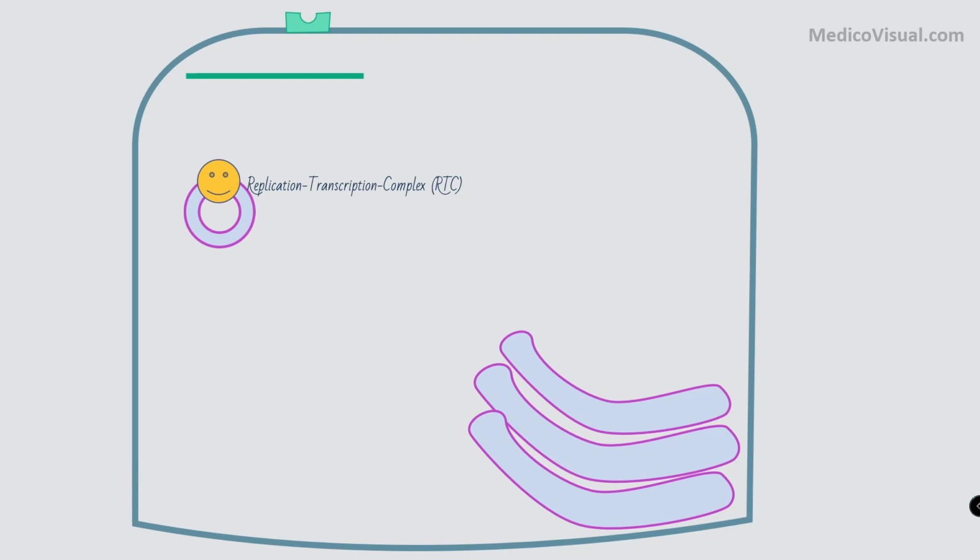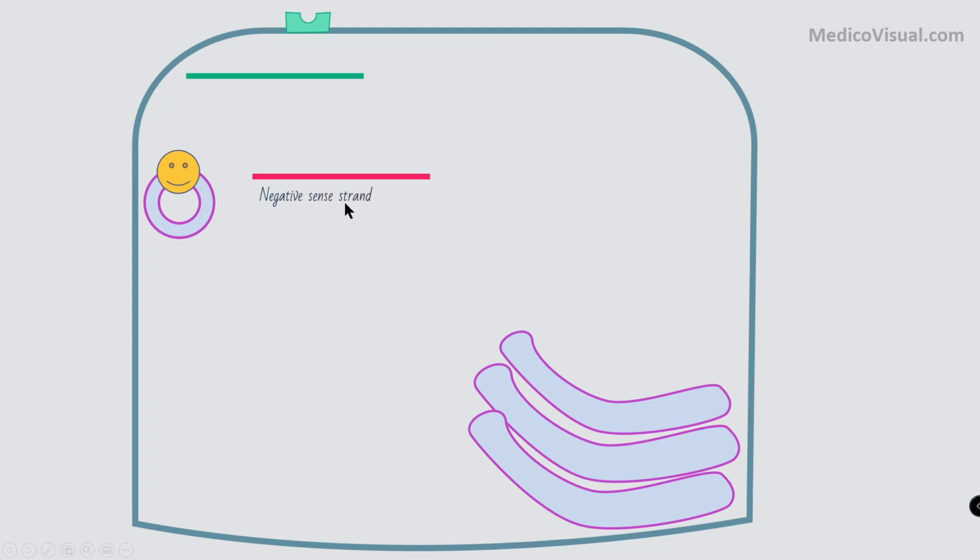Are you getting the point? So now that this complex has been created, it will create a complementary copy of the genomic RNA. The original genomic RNA was positive sense, and when its complementary copy is made, it will not be positive, it will be negative sense strand, right?